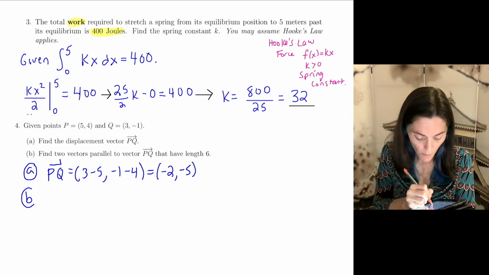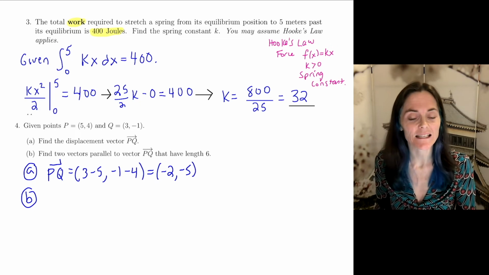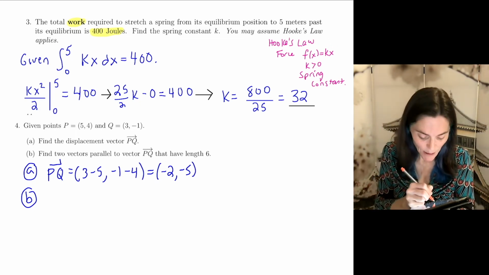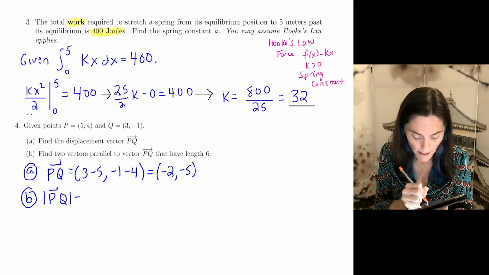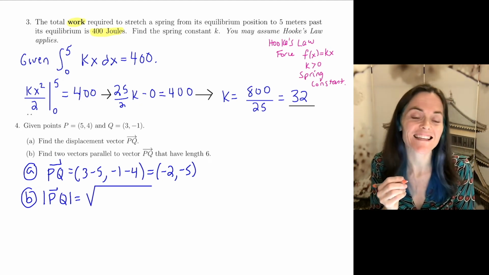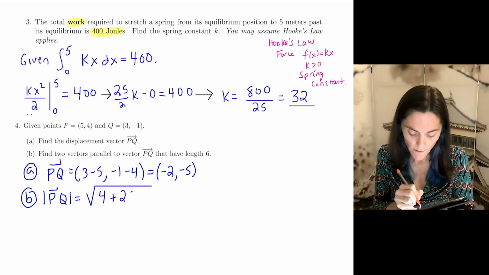Letter B, we want to find 2 vectors parallel to PQ that have length 6. Well, the first thing I need to do is figure out what is the length of vector PQ. And so vector PQ has length, you take the square root and then you square each component. So this would be 4 plus 25.